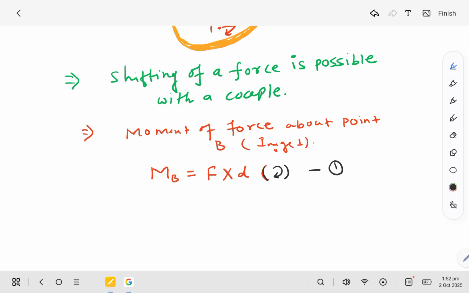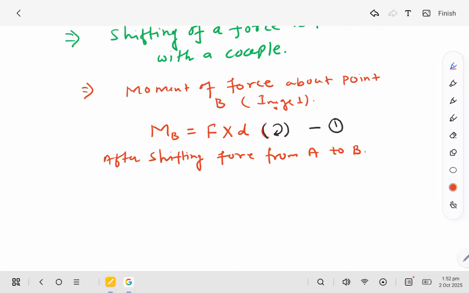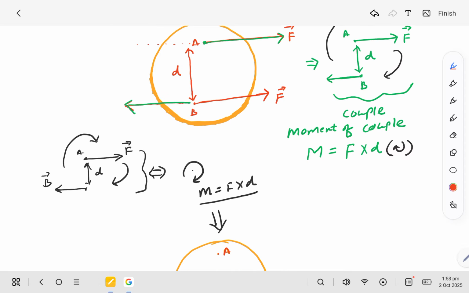After shifting the force from A to B, the moment of couple will be the force times the perpendicular distance between the parallel forces.